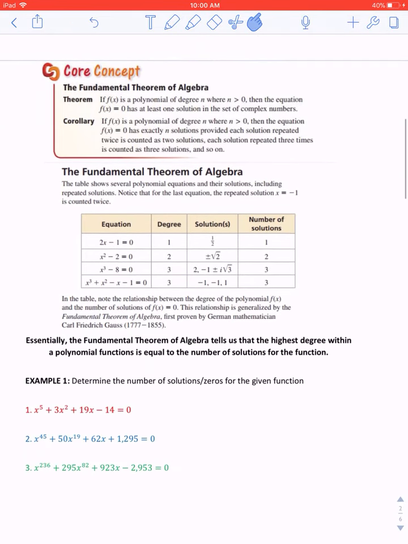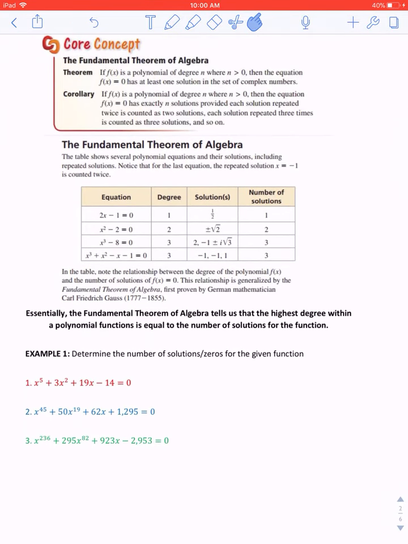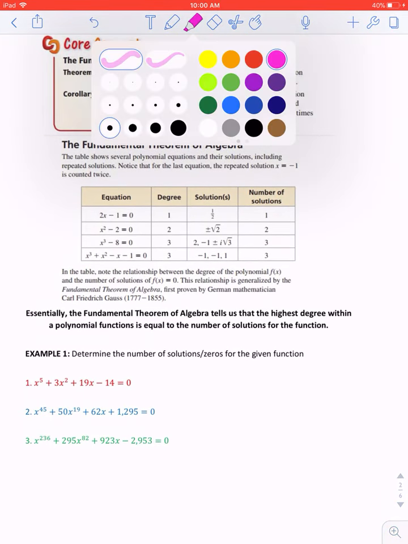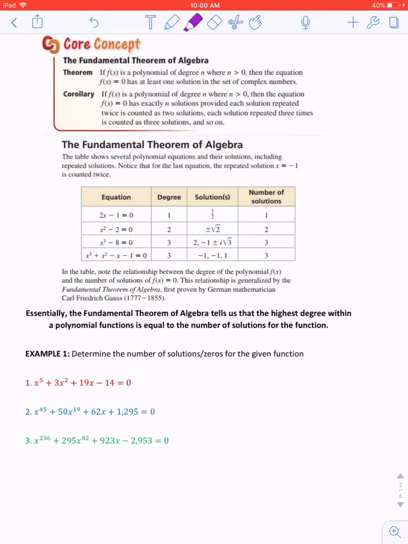All right, fundamental theorem of algebra. You should have talked a little bit about this already with your teachers, but just in case. It's something that's come up before, but we're going to name it now. The fundamental theorem of algebra essentially tells us that if you look at the highest degree in your function, it also tells you the number of solutions that function will have.